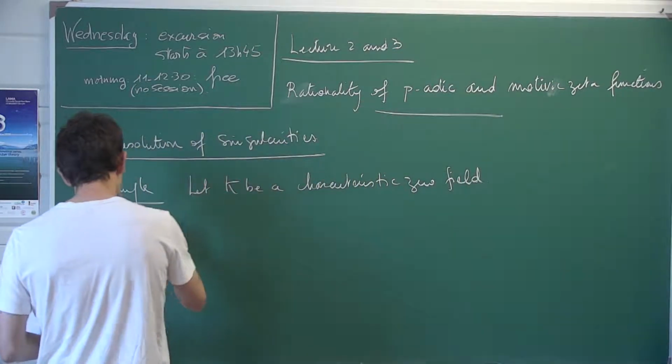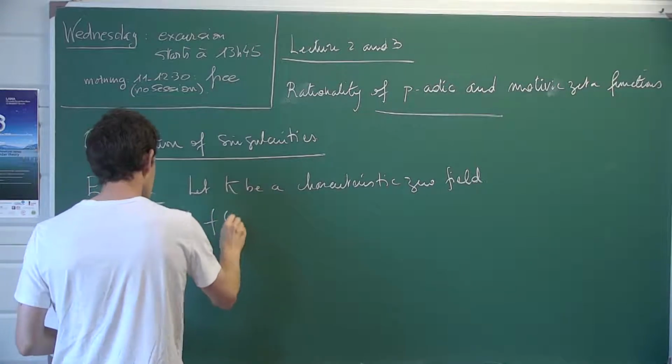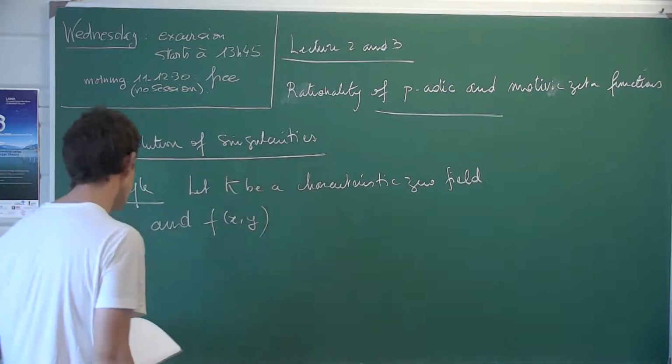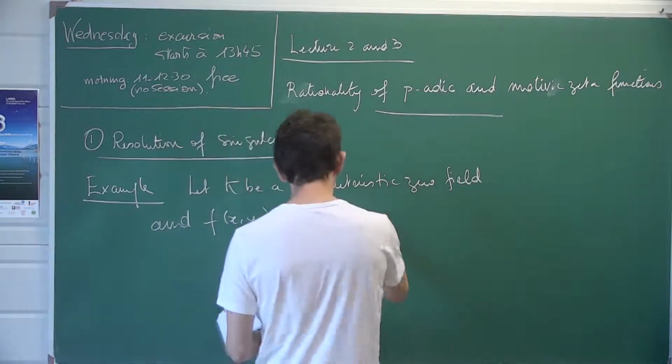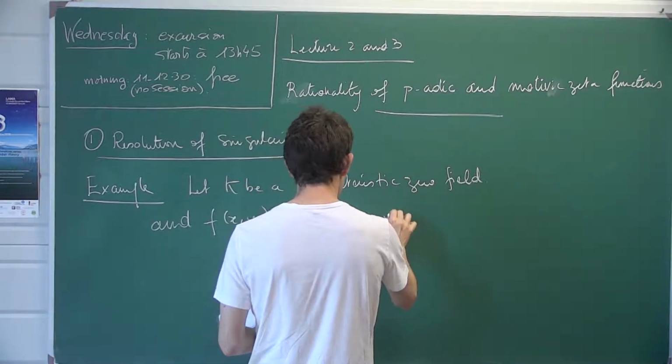And we will study for the beginning the following polynomial map: f(x, y) = xy(x - y).